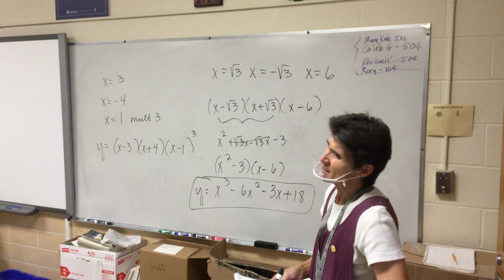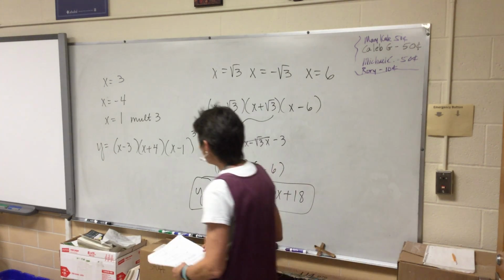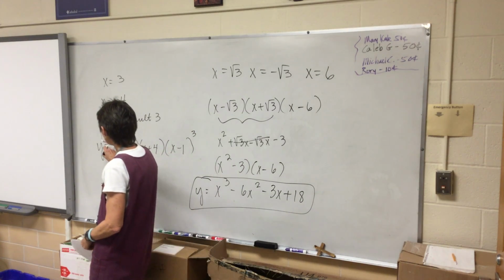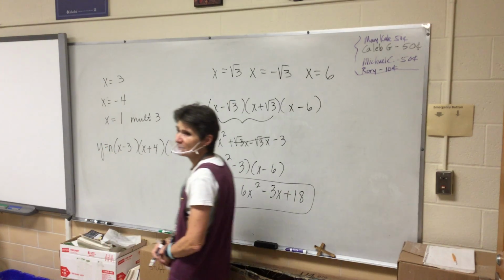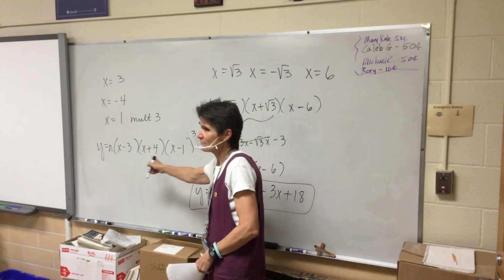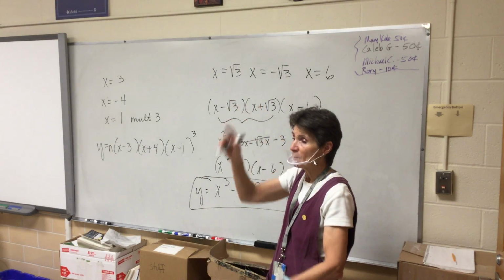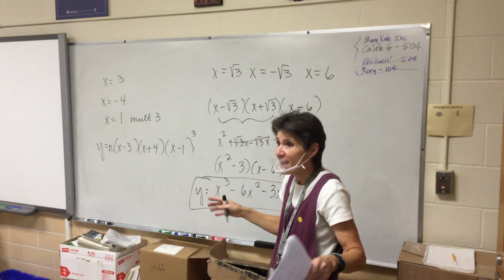Now there's one more piece of this that we need to be aware of, and that is there could be a coefficient out here in front, right? Because there are lots of polynomials that have those as zeros. Some of them go real high, some of them are upside down, some of them are fat.